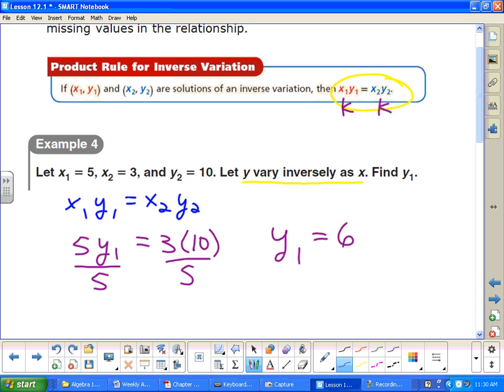If I put them back in, 5 times y sub 1, which is 6, is 30, and 3 times 10 is 30. So in this problem, we could even go so far as to say that k is equal to 30, because for both points, when I multiply x and y together, I get 30.